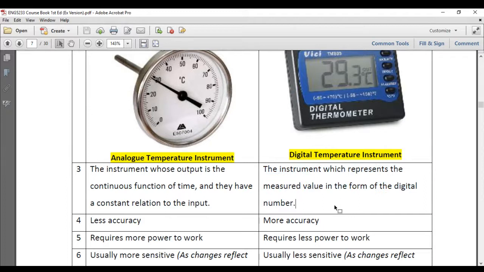Okay. So again, I will give you a common example. When you drive a car, some cars have analog speedometer, some cars have digital speedometer. So if you race your car, you increase the speed of your car, then you see that the analog speedometer needle constantly moves on the scale.